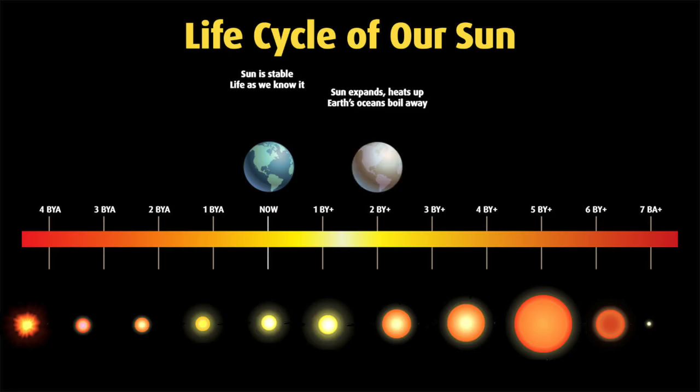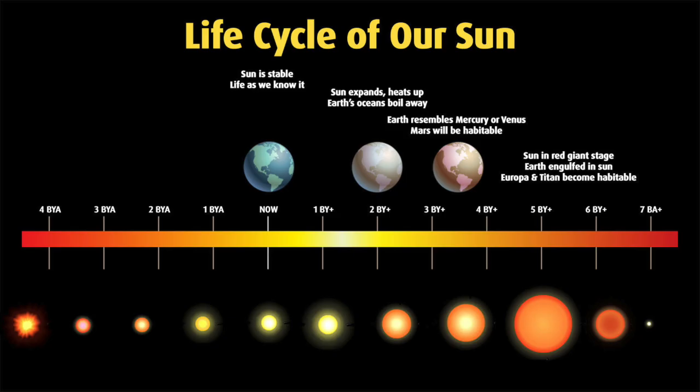But about 2 billion years from now, the sun will expand and it will heat up, and Earth's oceans will boil away. So that's it for life on the Earth. And then 3.5 billion years from now, Earth will resemble Mercury or Venus, but Mars may become habitable because the sun will get hotter.